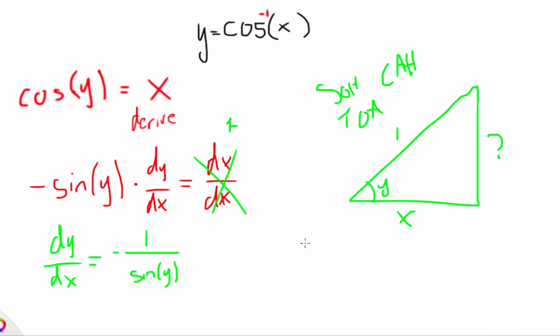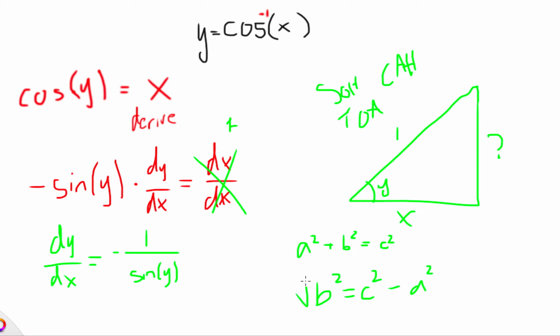So let's use the Pythagorean theorem. a squared plus b squared equals c squared. And if we rearrange this to solve for this triangle leg here, which we'll just call b, it can be a or b, it doesn't really matter. Let's say b squared equals c squared, which is always the hypotenuse, minus a squared.